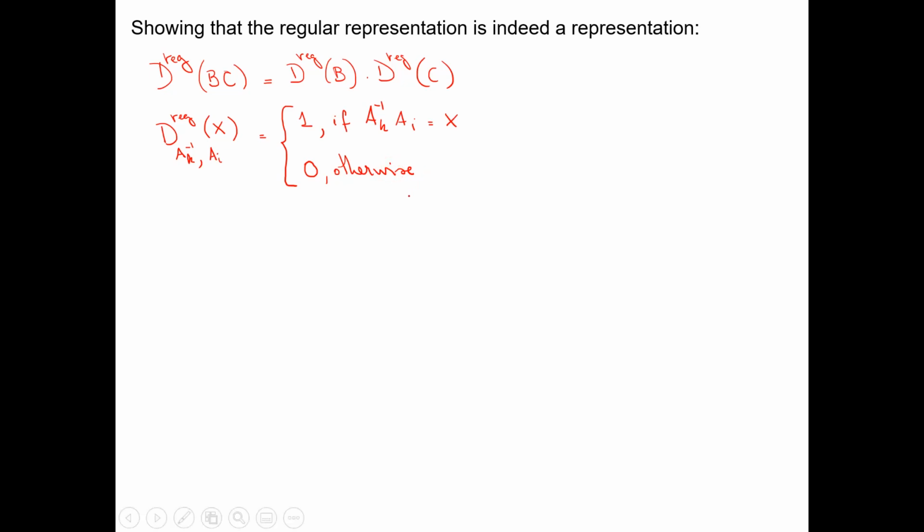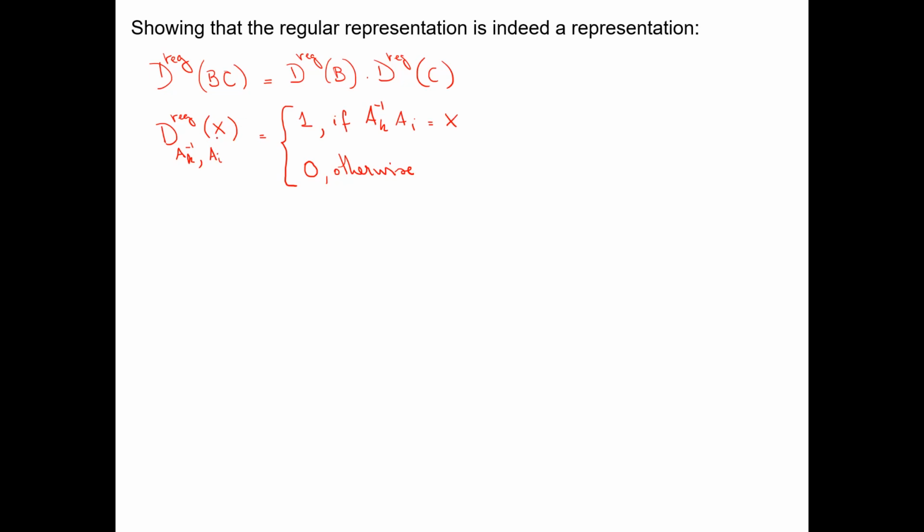Okay. So I basically wrote in a mathematical form the procedure to construct the regular matrix that I used in the previous slide. So you have 1 in the matrix whenever the product of row and column is equal to the same element of the matrix I'm considering.